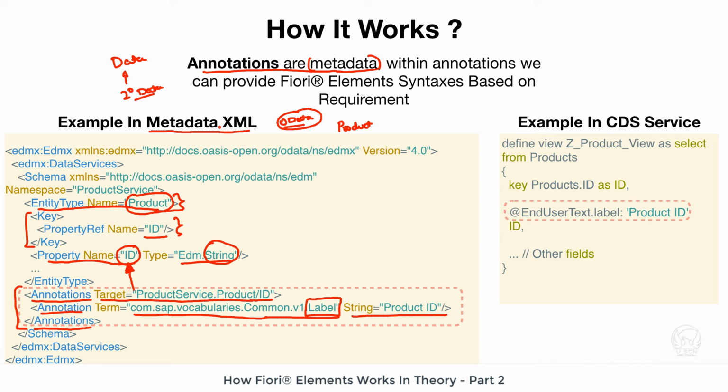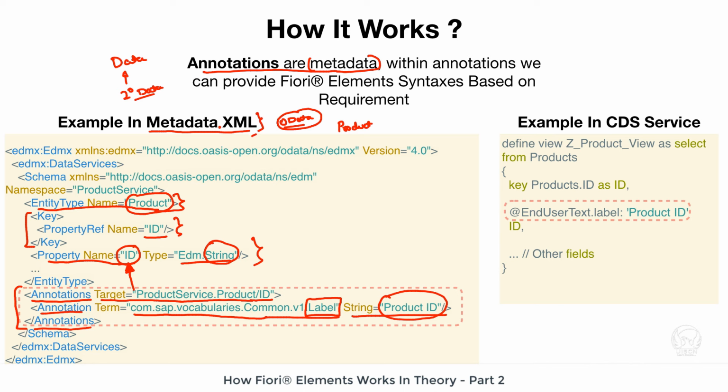And what label? In a string format, the value given is product ID. So this ID has a label called product ID. This is the metadata which is describing the data, the ID here. This is one example of how metadata within the annotation can be passed.